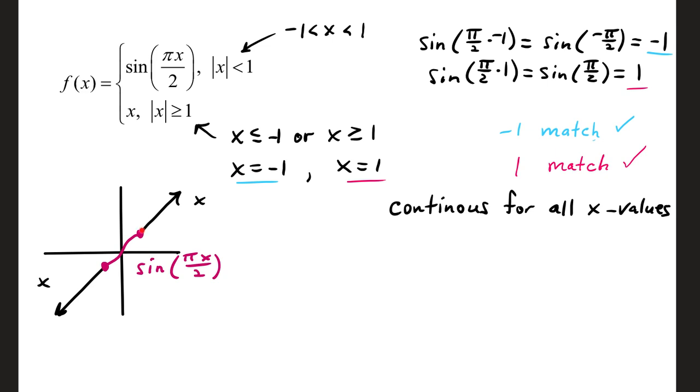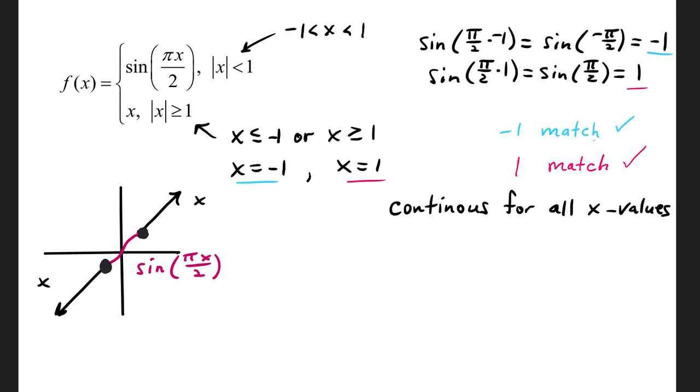x less than or equal to -1 or greater than or equal to 1 will produce these two rays that are in black. The purple graph in the middle is sine, but it's only between -1 and +1. And technically, I should make those purple dots black because the sine function doesn't get to count them, but the x function, the second piece, does get to count on that inequality, which is underlined.